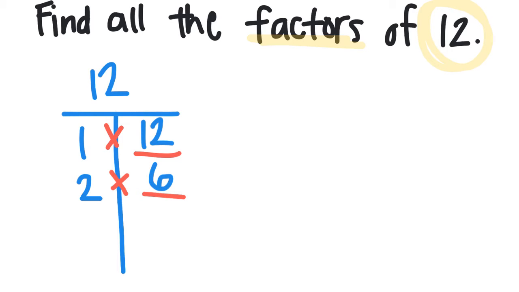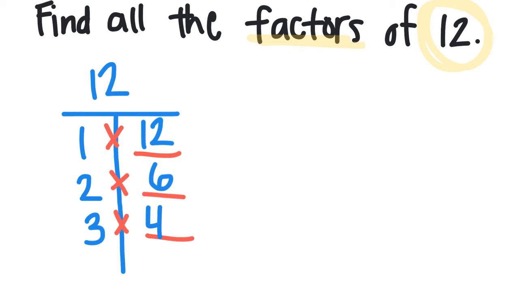So notice how I'm starting at 1, now I'm at 2, I'm going in order. So 1, 2, 3. 3 times what would get me 12? Well, 3 times 4. So I could write a 4. Now, mathematicians, after 3 is 4, but look, I already did 4 over here.